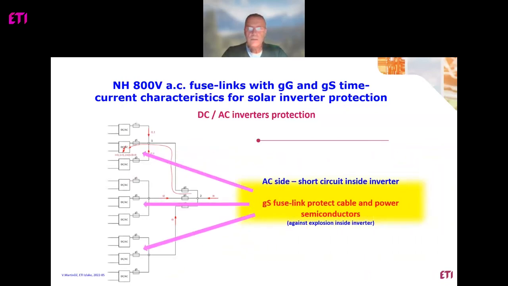So, as we saw on the previous slide, gS fuse links should protect cable and power semiconductors on the AC side, and gG are designed for protection of connection cables.